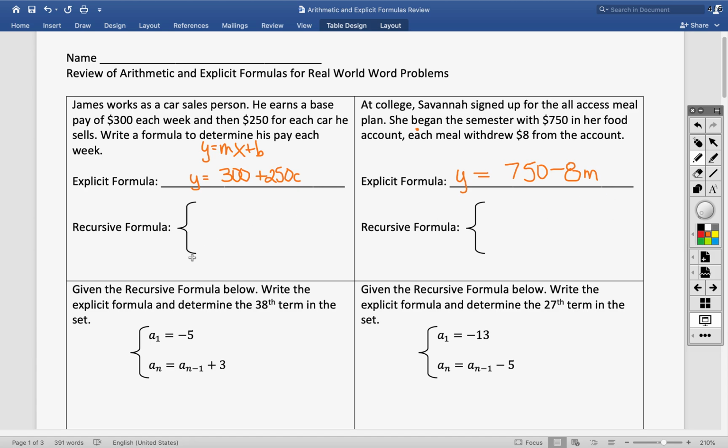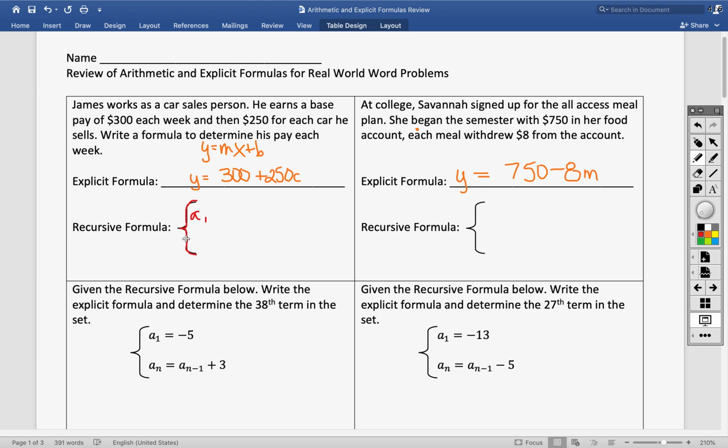All right, so a recursive formula, if we look down below, it says given the recursive formula. So a recursive formula always starts with the format A of 1. Now, what does that mean? Okay, so this bracket says given the set of numbers, or the set of numbers defined as.